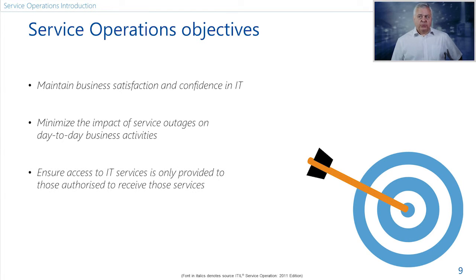And also to ensure that we control who accesses operational services. So we'll talk about processes like access management, which is the process that will deal with security issues in operations. There's a whole array of objectives that this course will address.